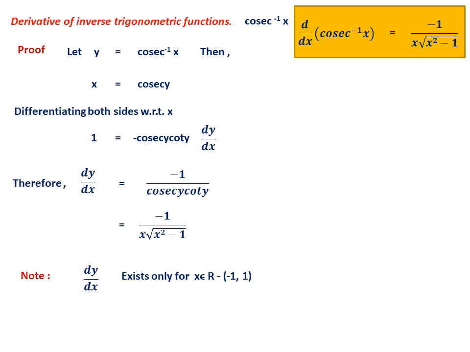You cannot take minus 1 and plus 1. So this is the condition. This type of condition you have to remember, because sometimes in examination they ask, for what value of x does d by dx of cosecant inverse x exist, like that.